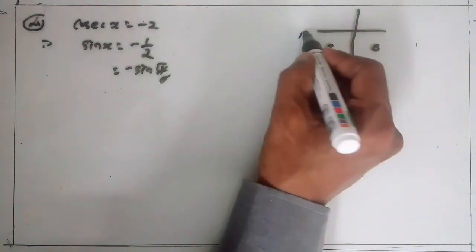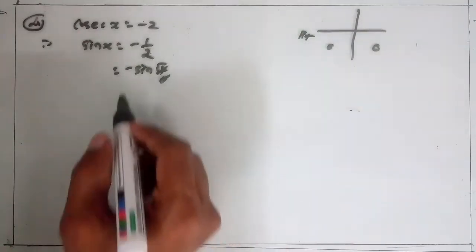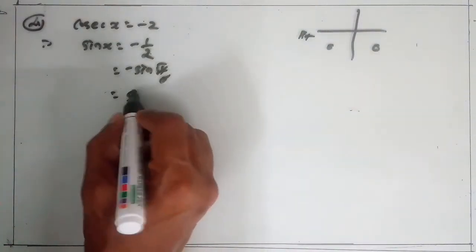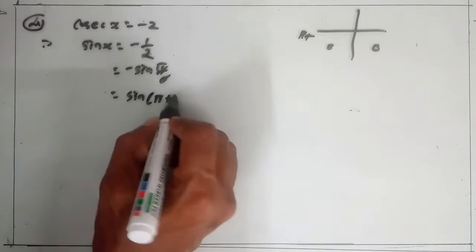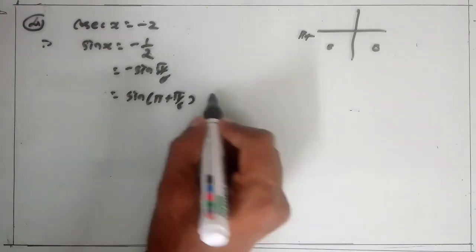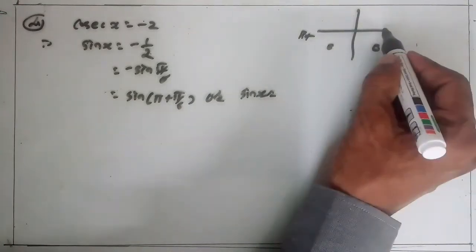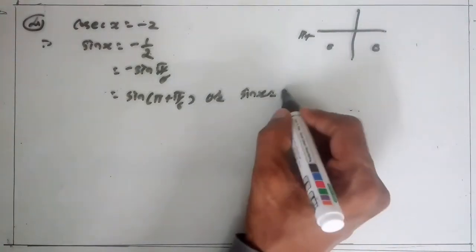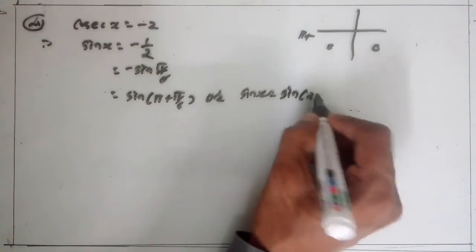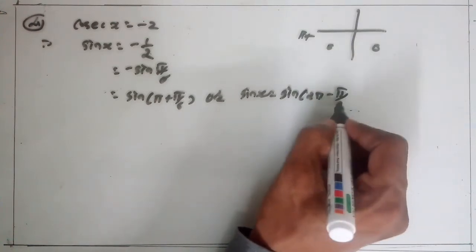In the third quadrant, pi plus, right? So here we get sin pi plus pi by 6 or sin x is equal to sin 2 pi minus pi by 6. Clear this?